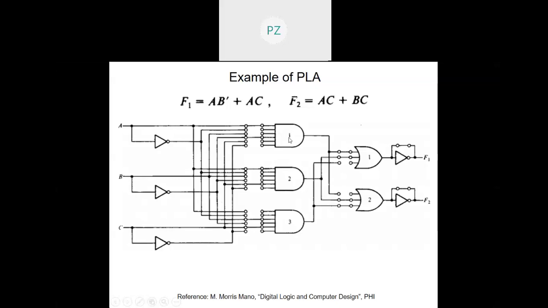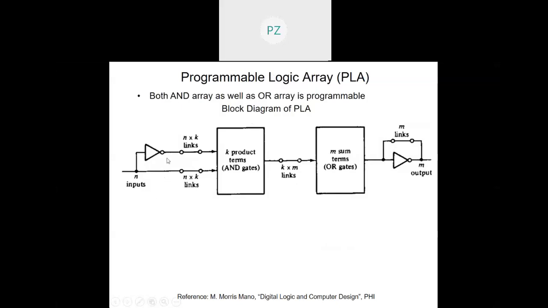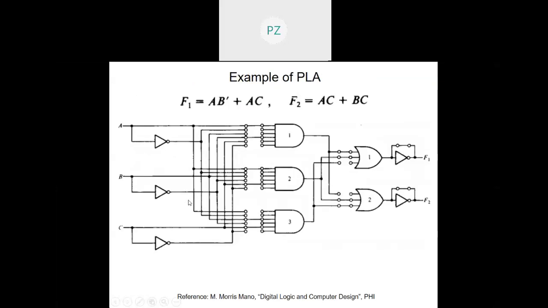So in this gate, how many links should be there? It says I should have 2 into n into k links. For my case, 3 inputs, so 2 3s are 6, and 3 such gates are there.